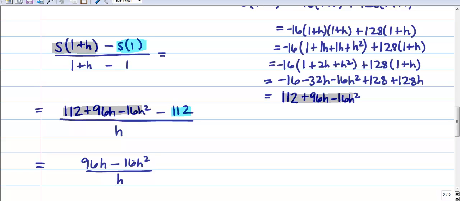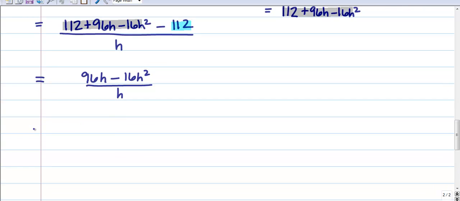Now, since there is a single h in the denominator, I'm allowed to divide it out from each term. And so the result I get will be 96 minus 16h. And that would be my answer on part D.